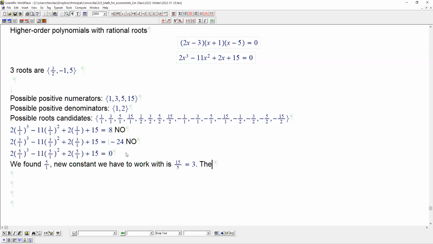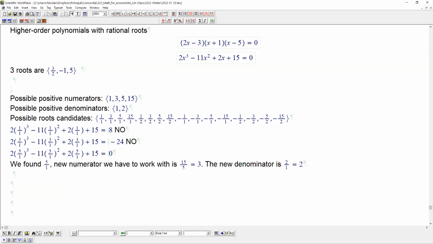The new denominator, yeah, I should have said the new numerator, the new denominator is, so here there's no change, it's 2 divided by 1 equals 2.